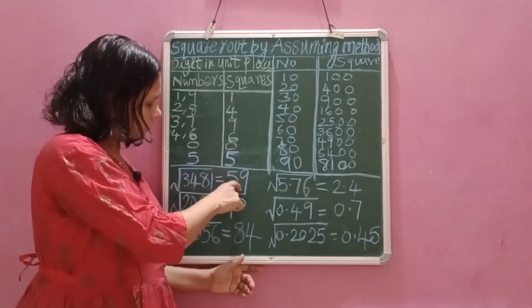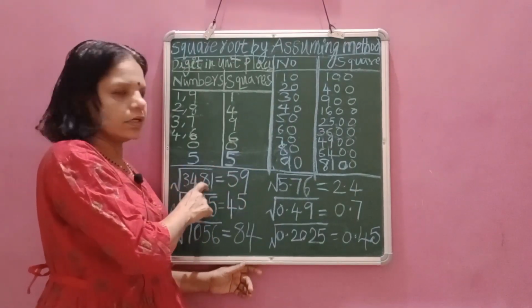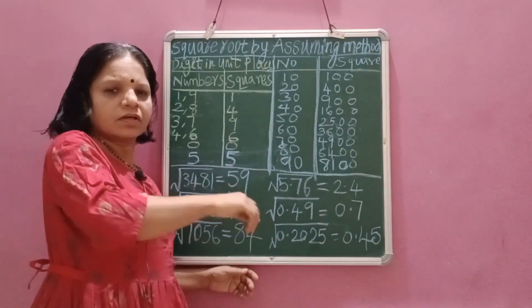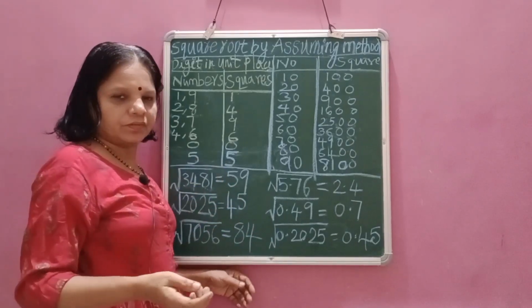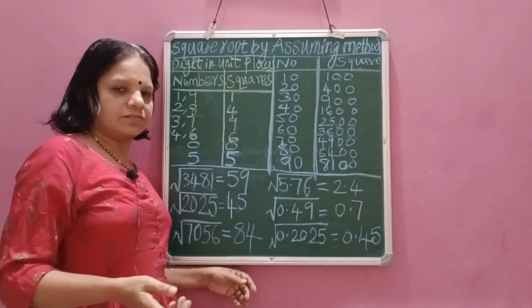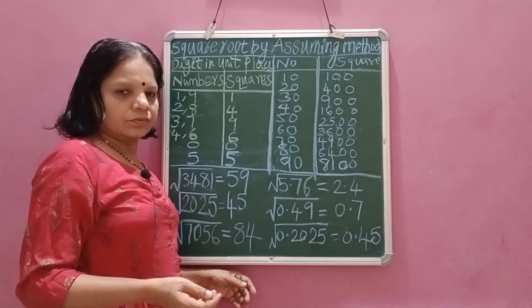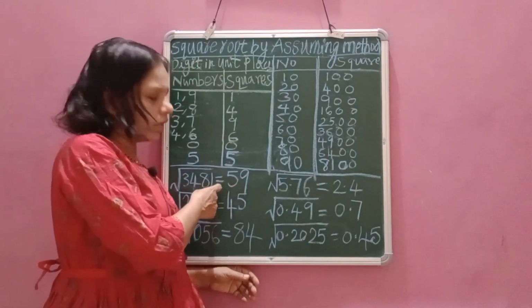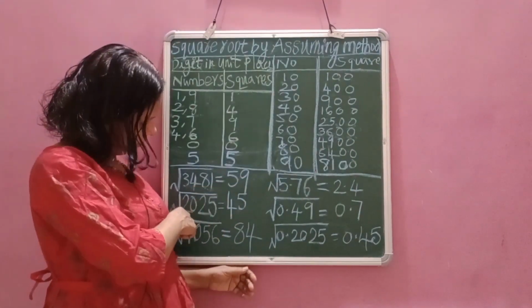Therefore, 59 is the square root of 3481. If you practice this, you will get faster once you go on practicing. Clear? You have to look at the digit in the units place. Now see the next number.